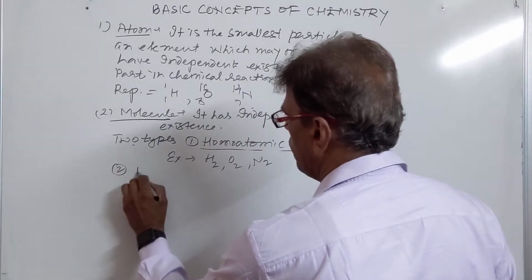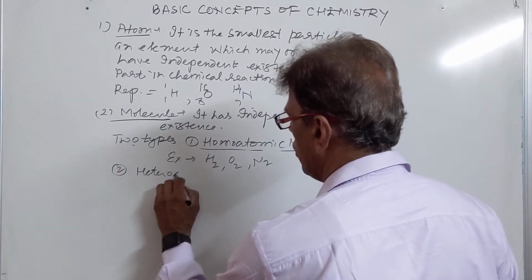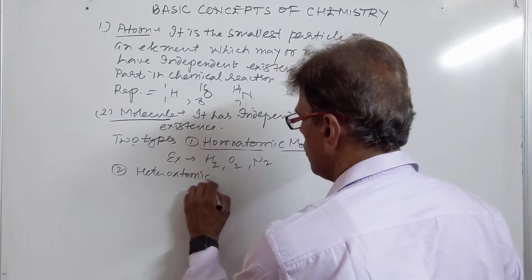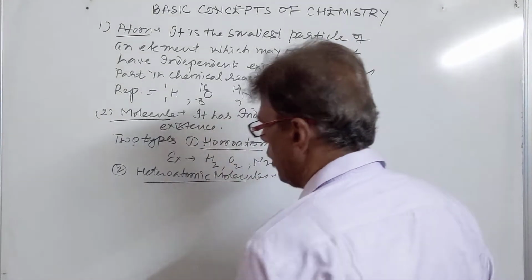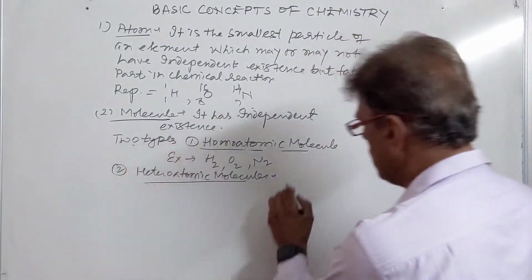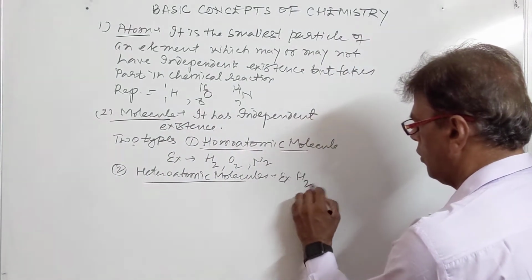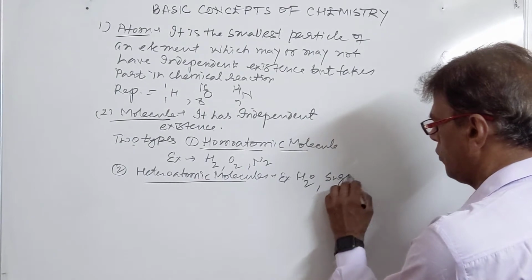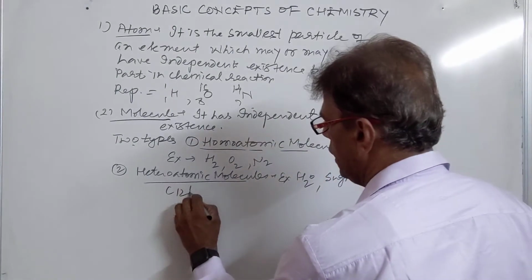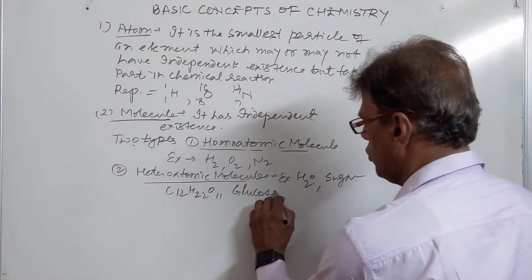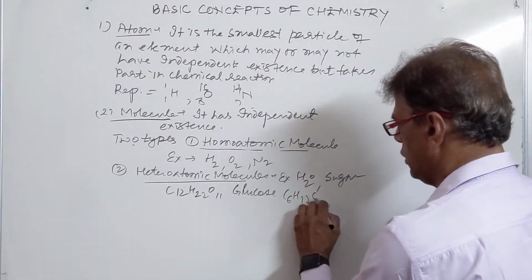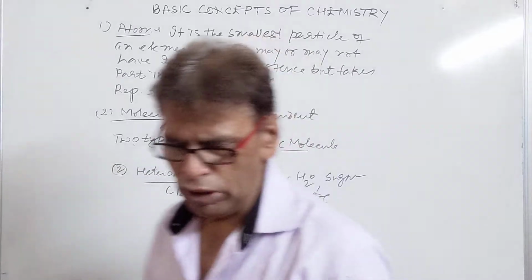Then we have the second type of molecules, called heteroatomic molecules. These are the molecules which are made of atoms of different elements. Example is water. We have sugar, C12H22O11. We have glucose, C6H12O6. These are all heteroatomic molecules.